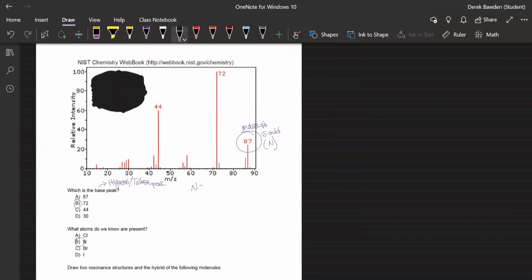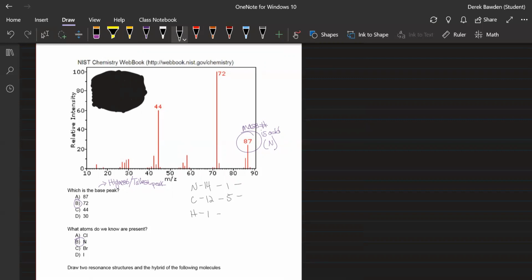It's 14. Perfect. How about carbon? 12. Okay, and hydrogen? Just 1. So we know we have 1 nitrogen. Let's guesstimate how many carbons and then we can readjust. Let's go with 5. I don't know, we're gonna guess.